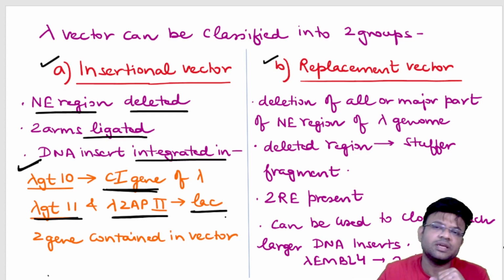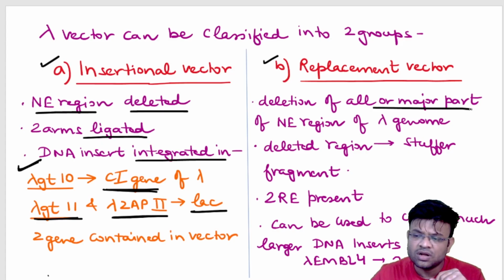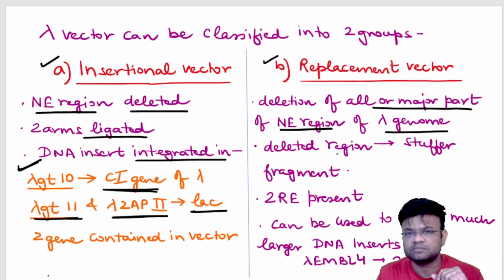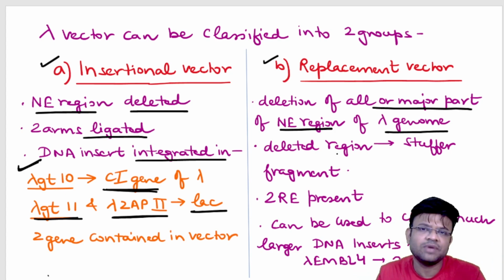Let me talk about the replacement vectors. What do you mean by replacement vectors? In replacement vectors, deletion of all or a major part of the non-essential region of the lambda genome is done.